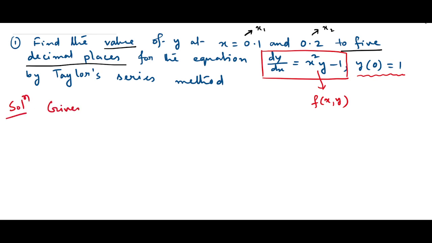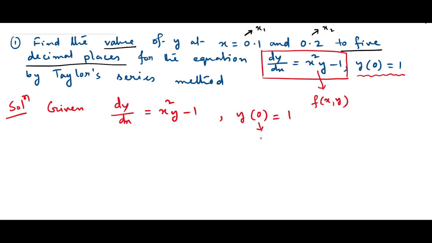Given dy by dx is equal to x square y minus 1. This is the first order derivative, and the right hand side is f of x comma y. So what is the initial condition? y of 0 equals 1.